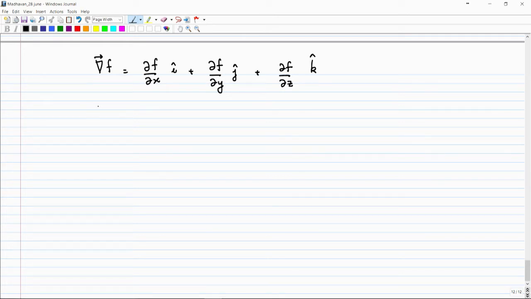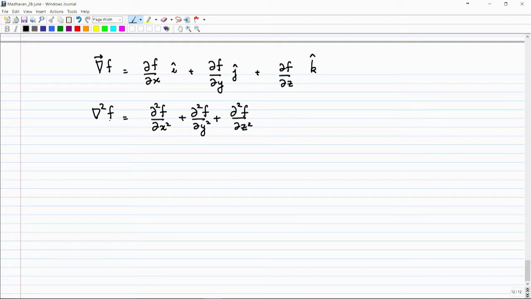And the Laplacian of f was given by dou square f by dou x square plus dou square f by dou y square plus dou square f by dou z square. Now, what you can do is get expressions for each of these in spherical polar coordinates.